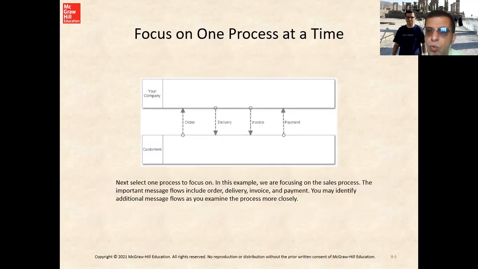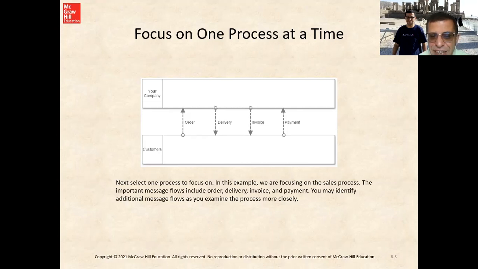But what are we going to do? We have to focus on one process at a time. So we need to focus on the details of the bank, the details of the customer, as we looked at sales and purchase. Your company receives an order, delivers an order, and delivers an invoice, hoping you get a payment.